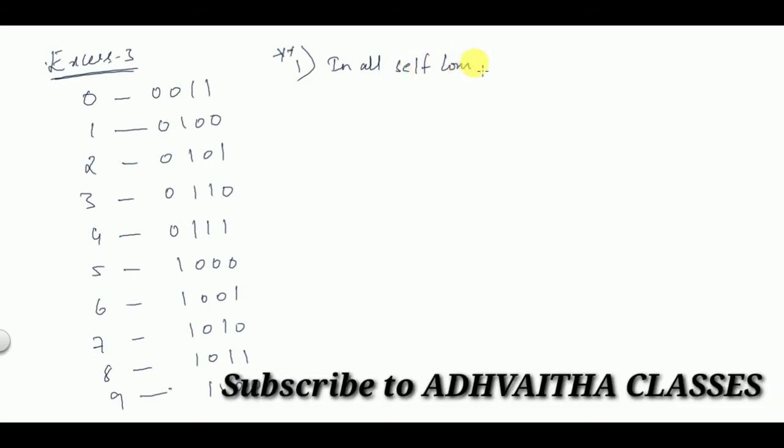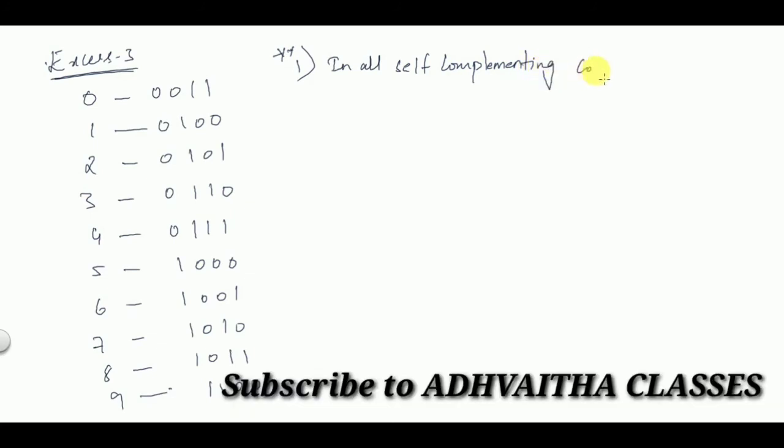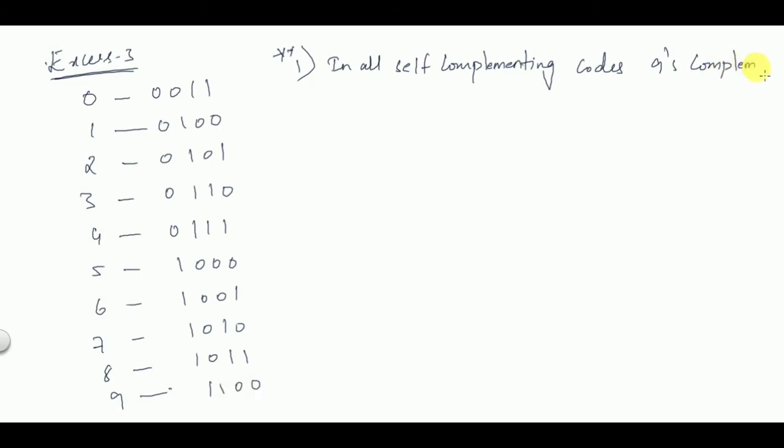The first important point here is, in all self-complementing codes, the nine's complement is obtained by just complementing each bit. Suppose you have the number 9.